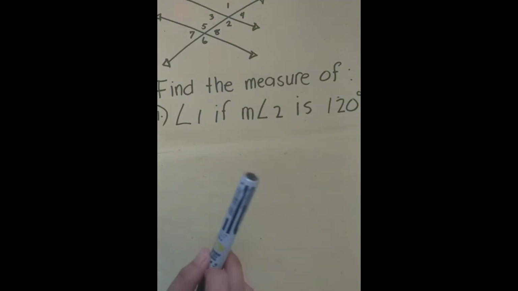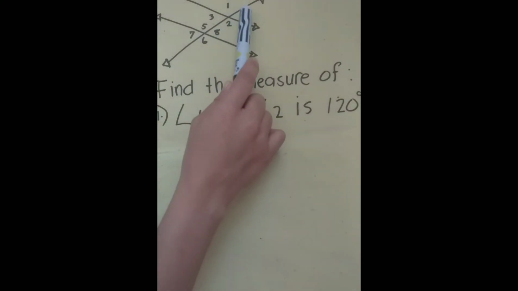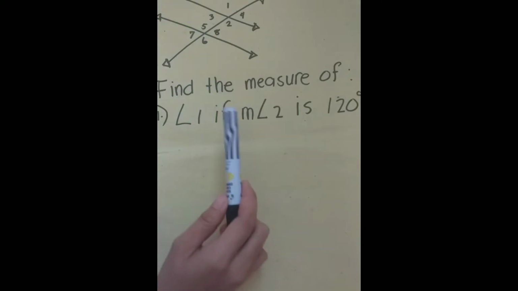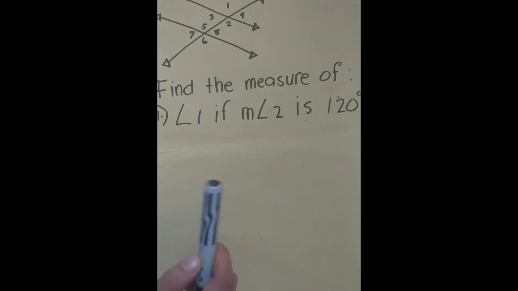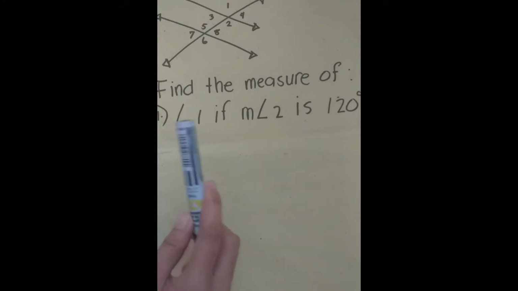If the pair of angles is vertical angles, meaning they are congruent. Congruent meaning the same measure. So since angle 1 and angle 2 are vertical angles, they are congruent, so the same measure.